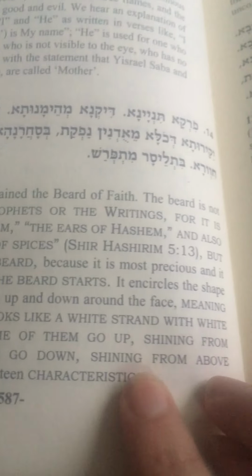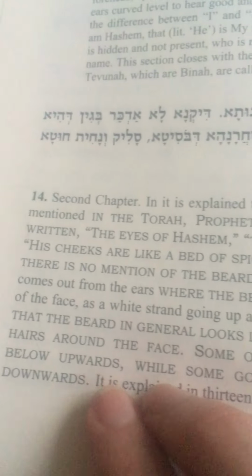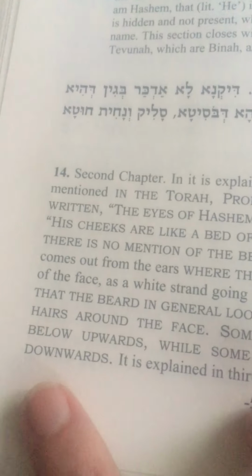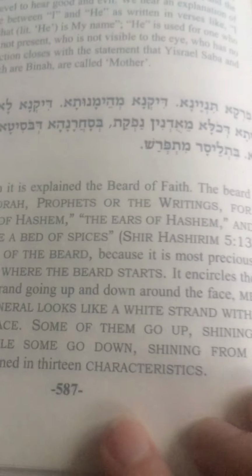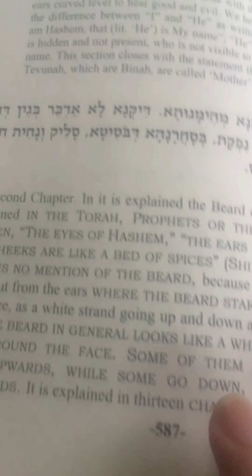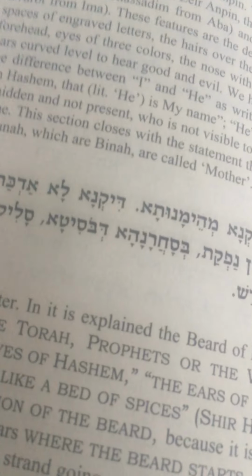Some of them go up, shining from below upwards, while some go down, shining from above downwards. It is explained in 13 characteristics. So right here, 13 characteristics. So what are these 13 characteristics?